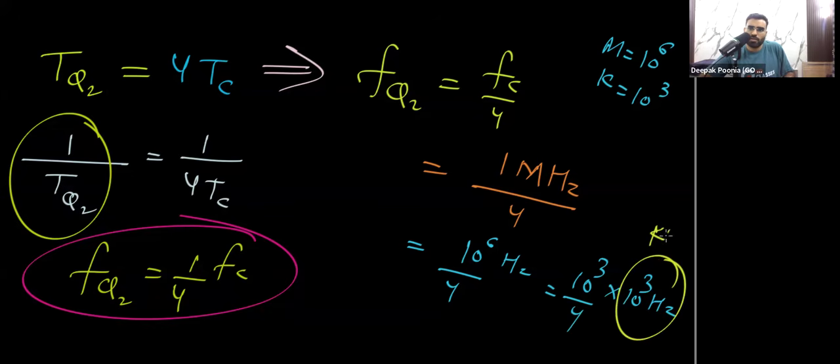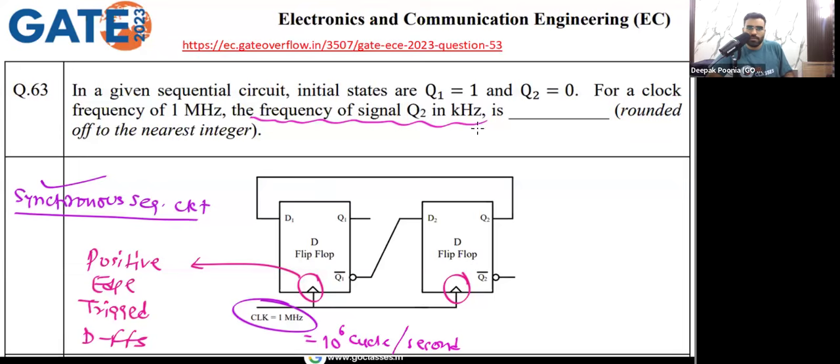So finally it will become 1000 divided by 4, that is 250 kilohertz. This is the answer. The question asks in kilohertz the frequency of Q2, so that will be 250.